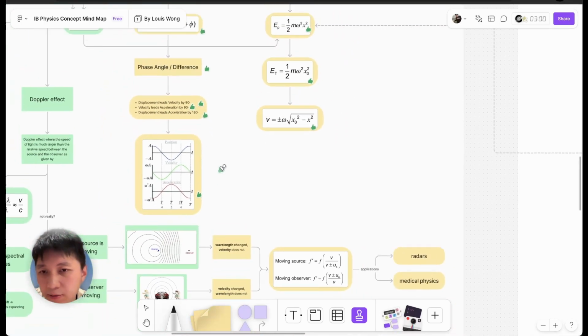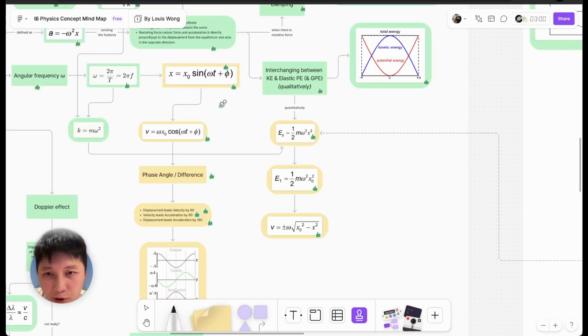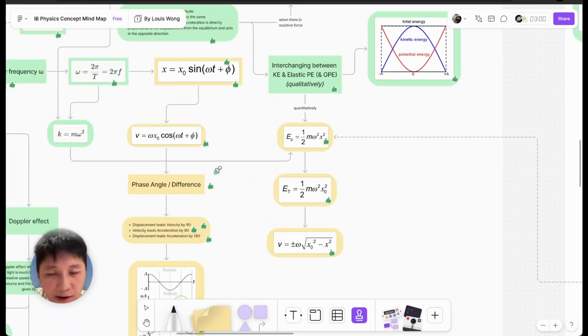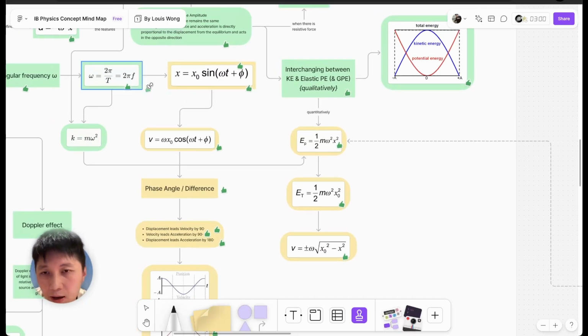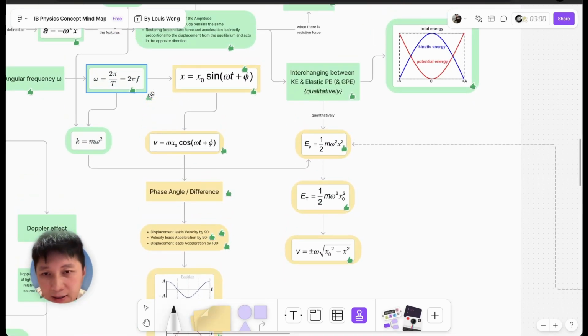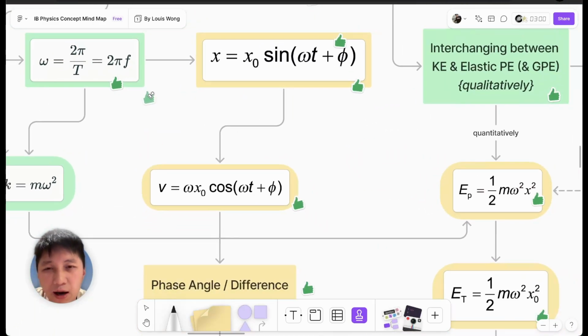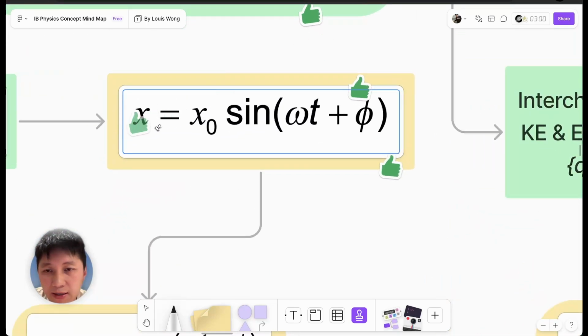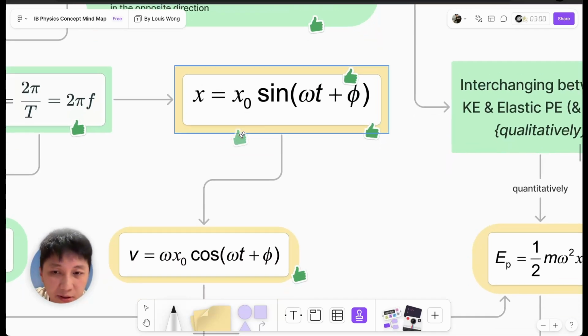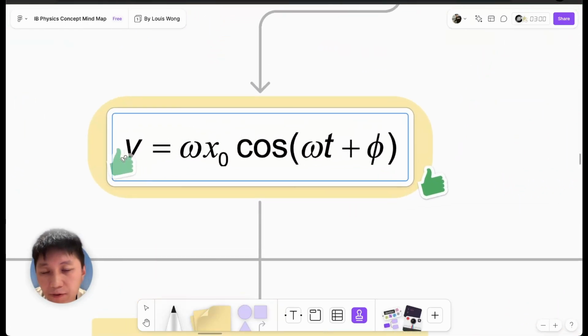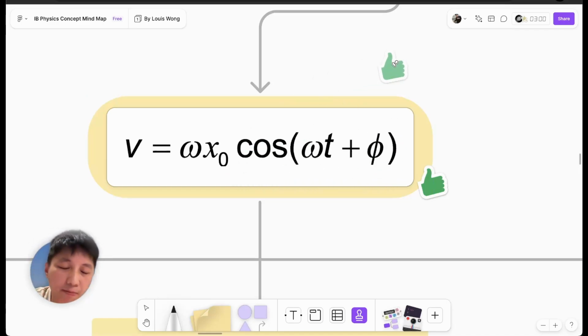But as for handling an exam question, you probably just want to see what information you have and find the most convenient equation to use. One more thing I can add here: if you observe the equation x equals x log sine function, you should always recall x log is the amplitude, while for v equals omega x log cosine function, remember the cosine maximum can only be equal to 1.